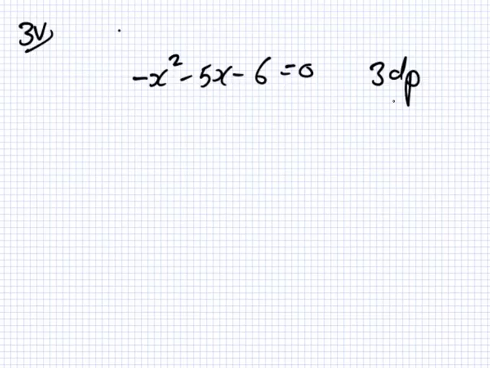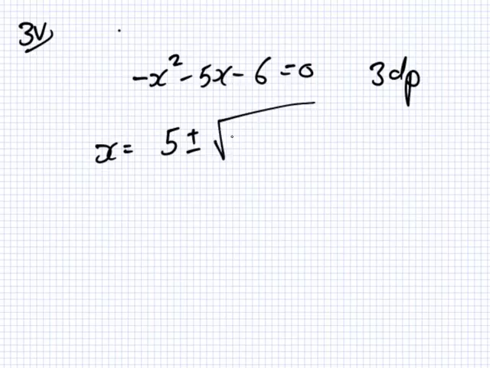Minus x squared minus 5x minus 6 equals 0, 3 decimal places. Right, x equals minus b plus or minus the square root b squared minus 4ac.